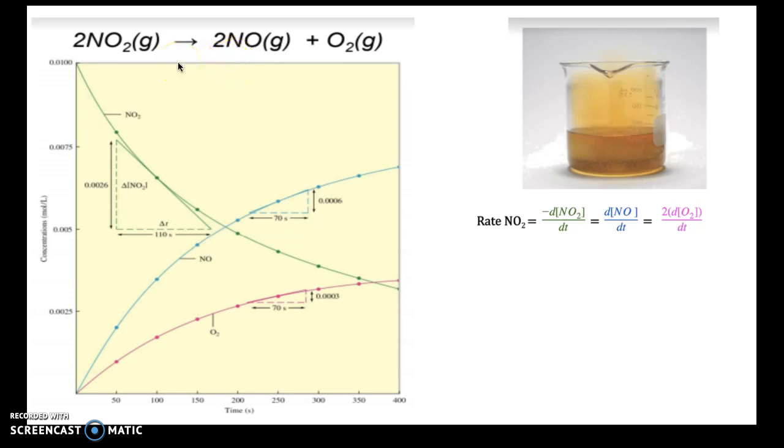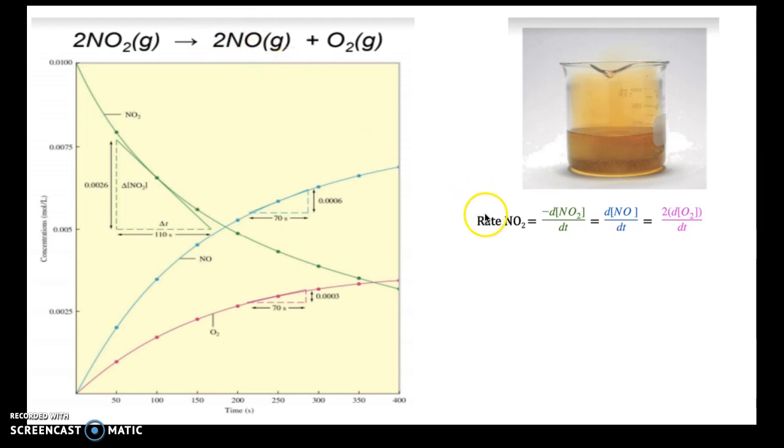Remember, the larger the coefficient, the greater the rate of appearance or disappearance. So when you compared the rate with respect to NO with the rate with respect to O2, you will see that the rate is twice as fast with respect to NO. The appearance of NO is twice as fast as that of O2 because it has a coefficient of 2, so you're making more of it.